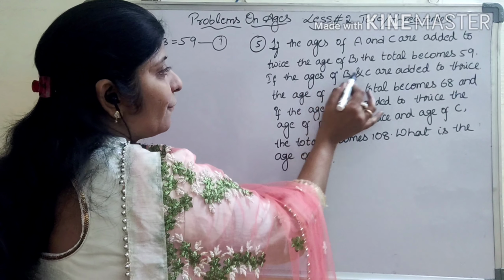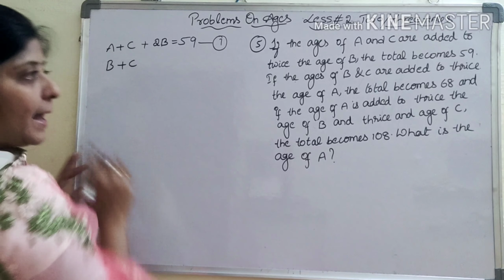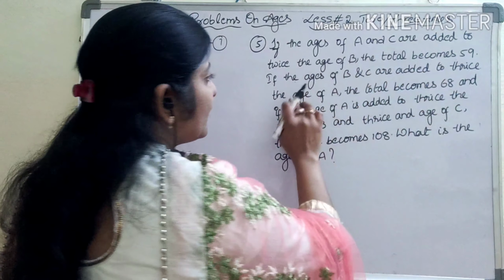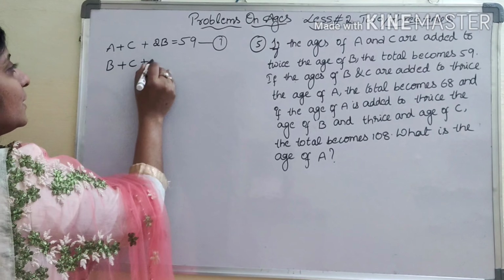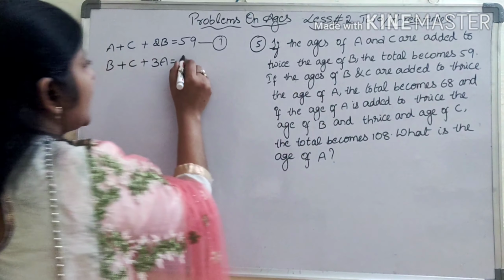If the ages of B and C are added to thrice the age of A, that means 3A, then the total becomes 68.